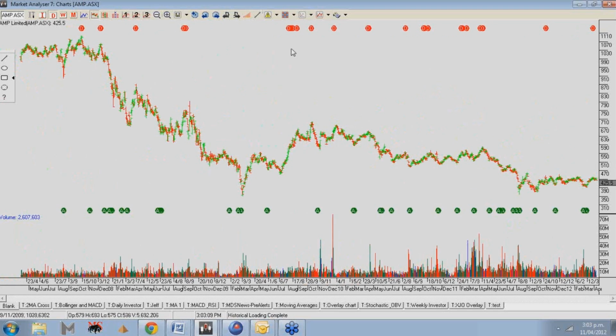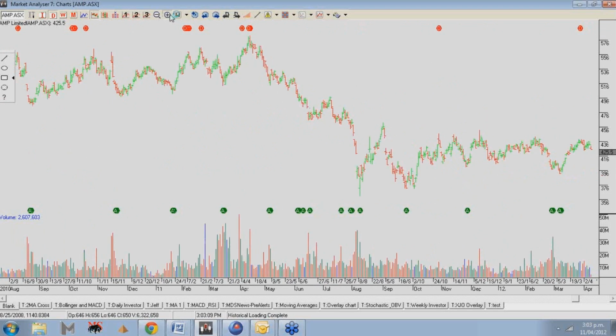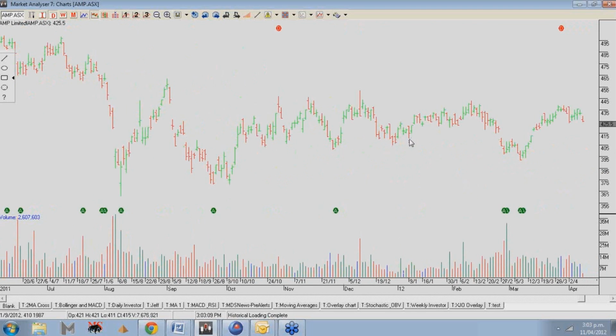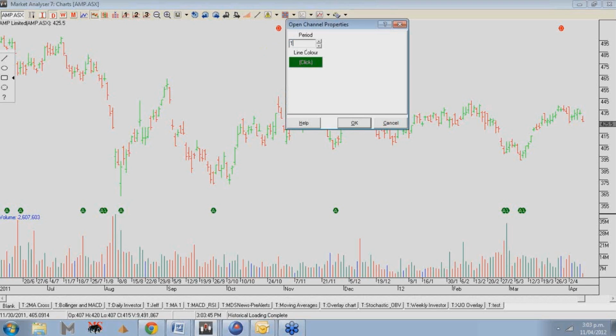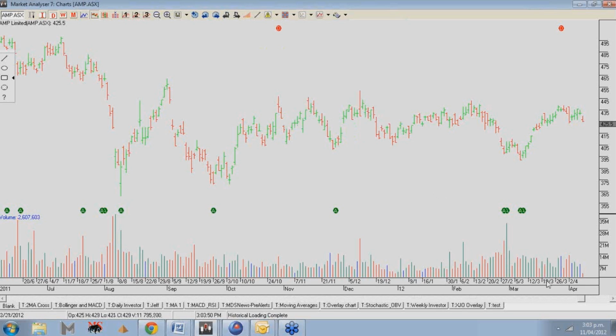The channel indicator picks out a share when it's in a range and identifies when it's near the bottom of that range and about to turn up. Hasn't met any of the criteria. And this here, over a 34 period, we'll cut it down to 14 periods and see if it highlights.